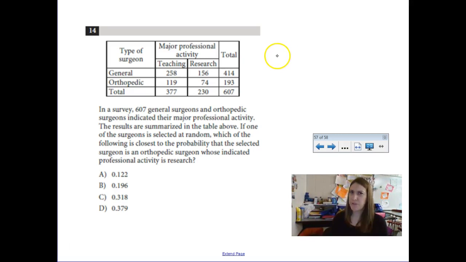So this question differs from the previous one because it is not a conditional probability question. It does say that someone from this entire table is selected at random. So that tells me my denominator is going to be the 607. And then if I read real carefully, they want the probability that we choose somebody who is an orthopedic surgeon who is interested in research. So orthopedic surgeons interested in research are these 74 people right here.